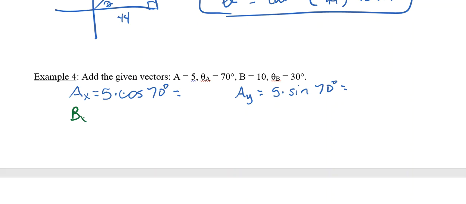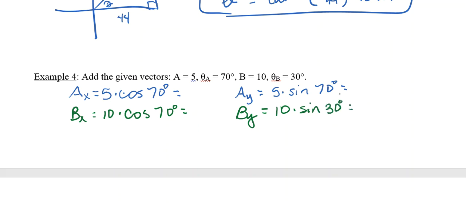For B, we're going to do 10 times cosine of 30, and for y, 10 times sine of 30. So you can see how easy it is to mix them up because I've done it a couple times, so make sure you're keeping track. A's have to be 5 and 70s, and B's have to be 10 and 30s.